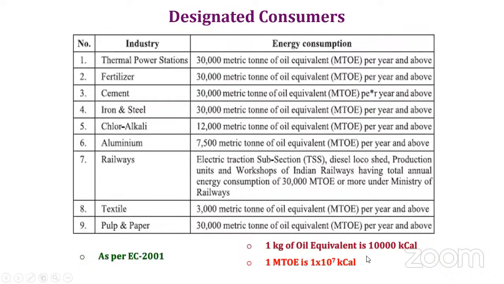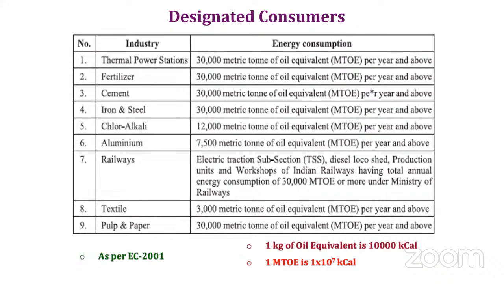Now, once you have the kilocalorie values, the total value divided by 1 into 10 power 7 kilocalorie will equal 1 MTOE. That's all. So add up all the energy consumption converted into kilocalorie, divide by 1 into 10 power 7, and that will give the MTOE.